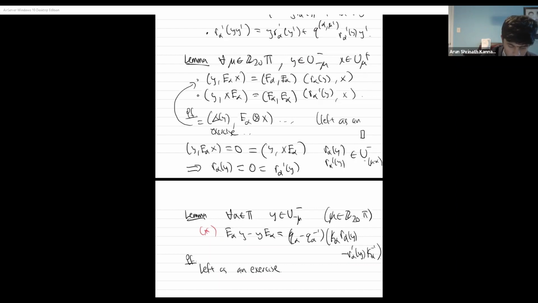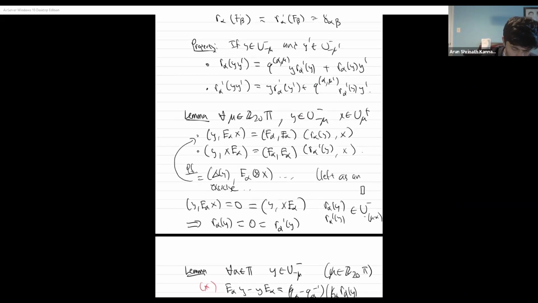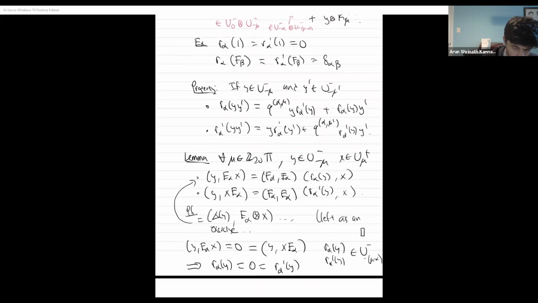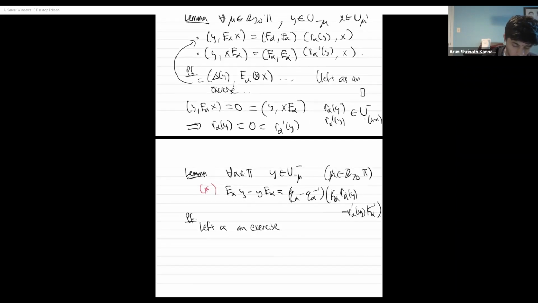So you can check, and then you can just use this Leibniz style property and show that it's true. If it's true for y and y prime, it's true for their product. And then that proves the lemma. But how it's applicable to us is that we just deduced that r alpha and r alpha prime of y are both 0. So this implies that e alpha and y commute.